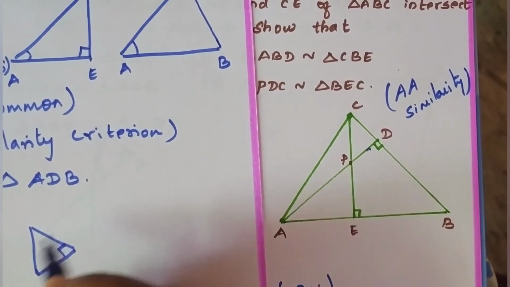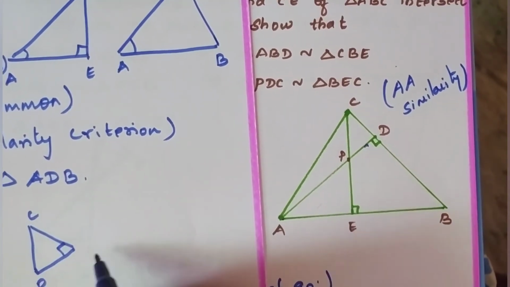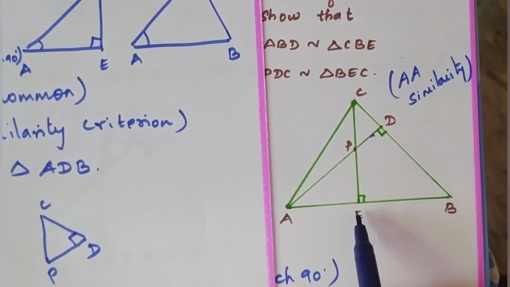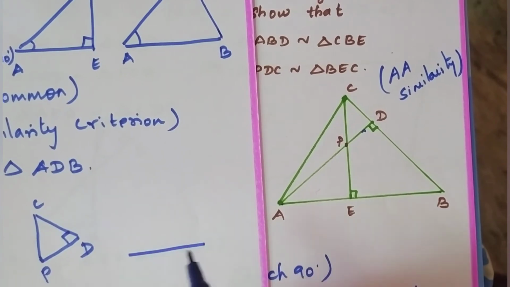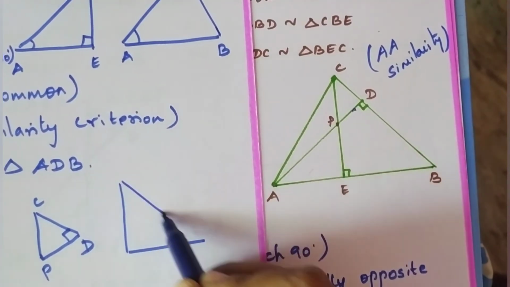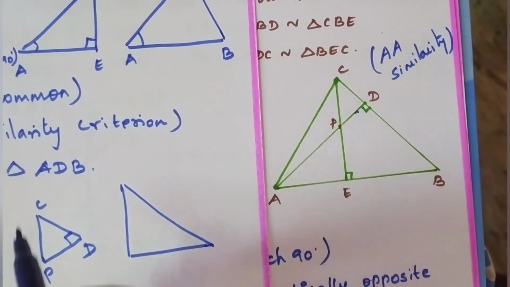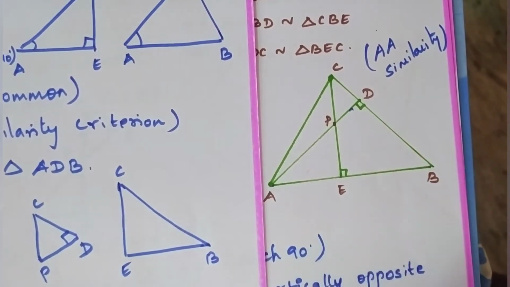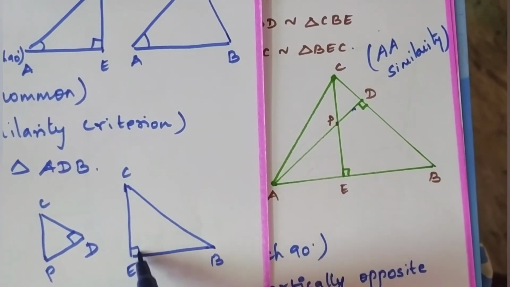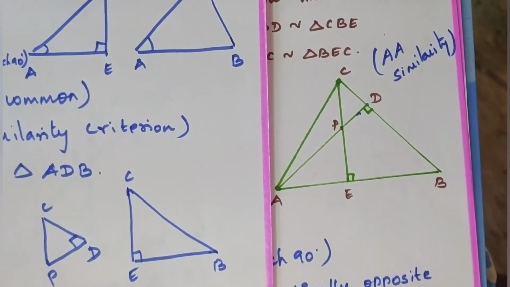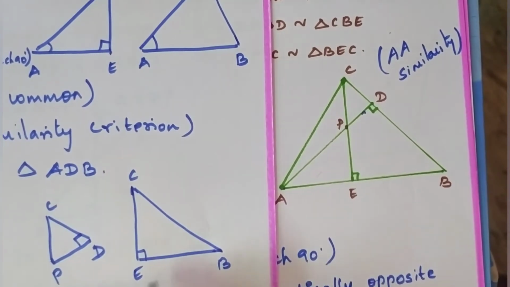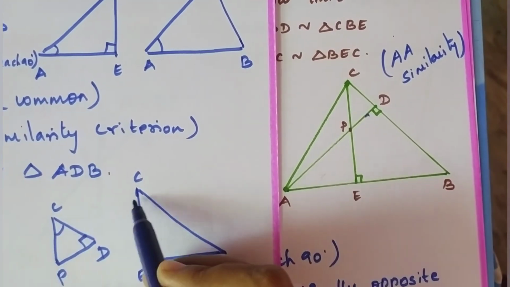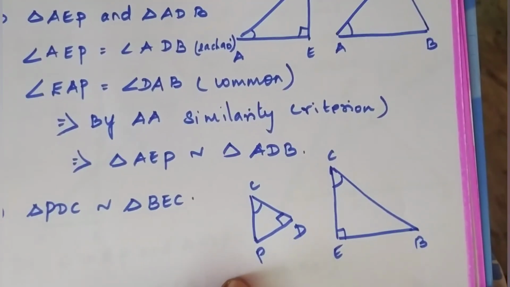This is 90 degrees. PDC, and the next triangle is EBC. Clear all of you? So this is 90 degrees and here this is 90 degrees. And then which one is common here? Angle C.